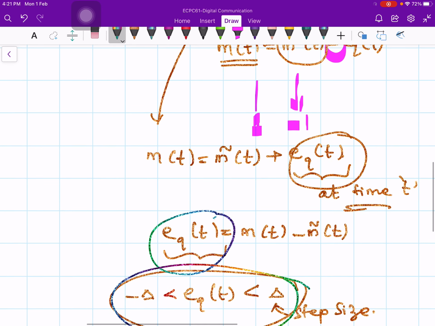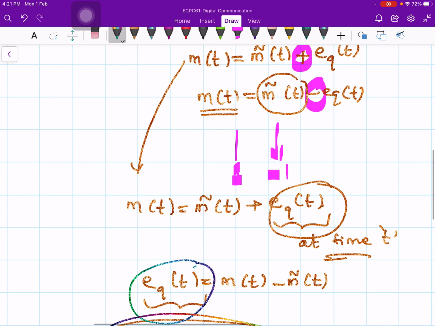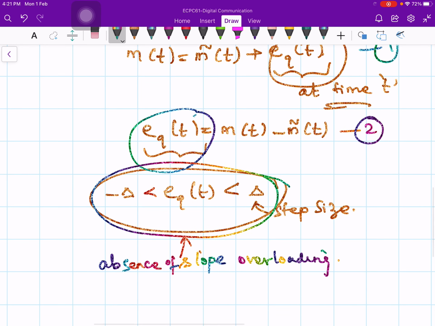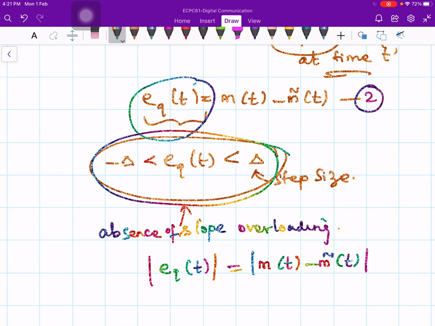Let me call this equation number 1 and this equation number 2. E suffix Q of t, if you take the magnitude of this error, then the magnitude of e suffix q of t is equal to m of t minus m tilde of t, and the maximum value it can take is delta, therefore let me put less than or equal to delta.